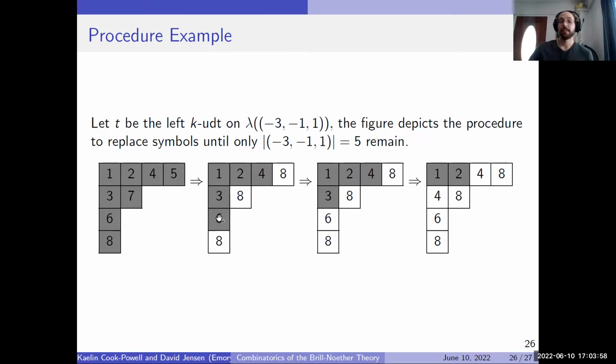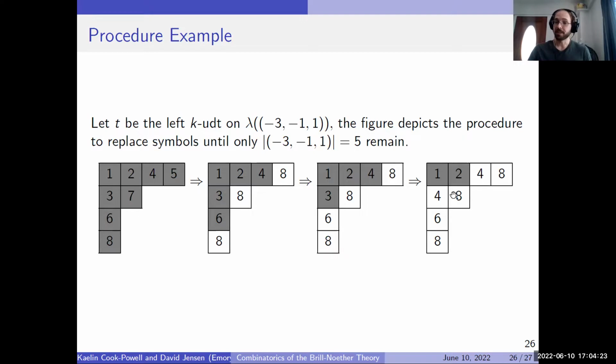I'm going to delete the inside corner with the 6 because it's the largest symbol. And since it's the only box I deleted, I didn't need to worry about replacing any other symbols. Again, I have two possible choices at this next step. I could delete either the 3 or the 4. Well, technically two choices, but 1, 2, 3 is one choice. So I lied to you.